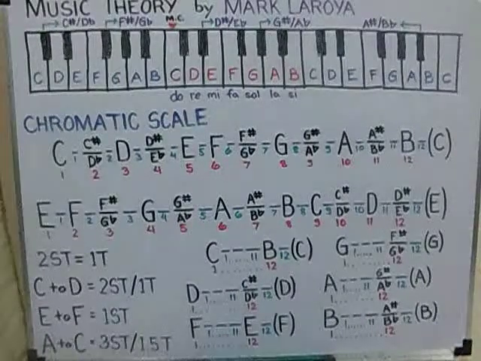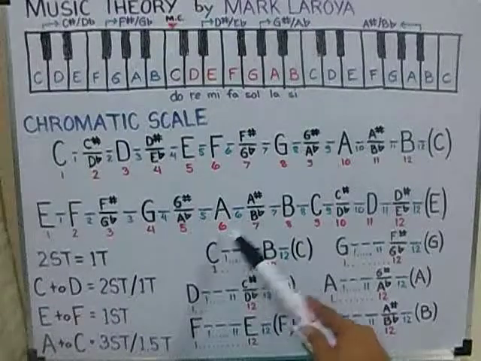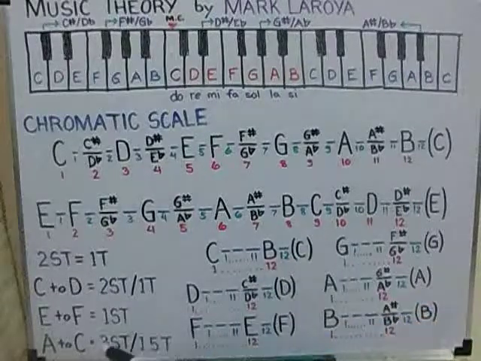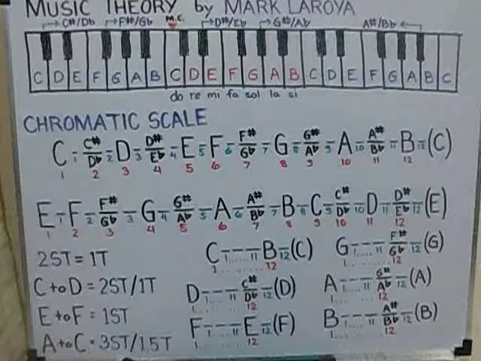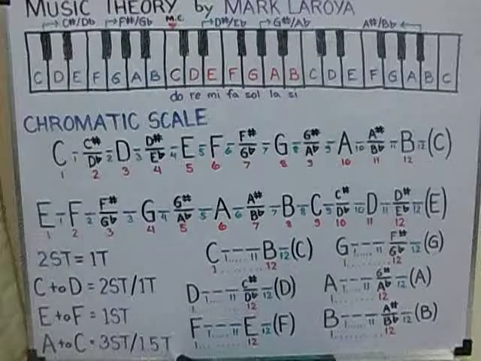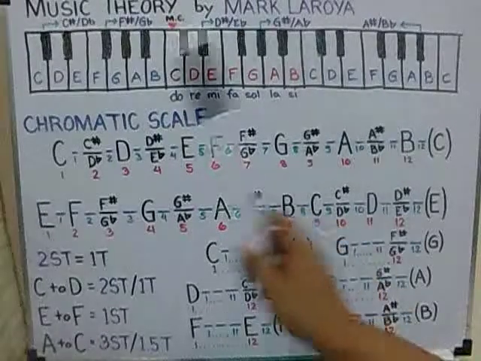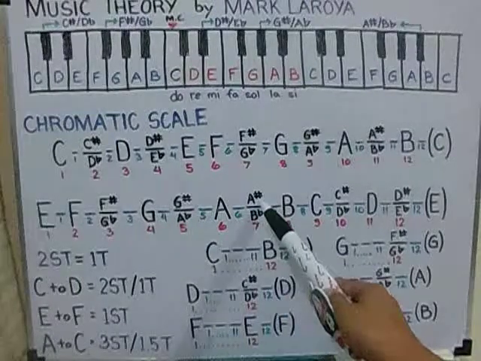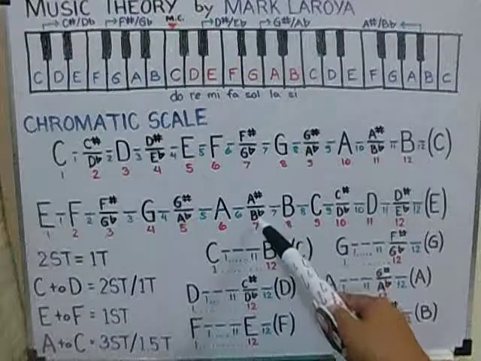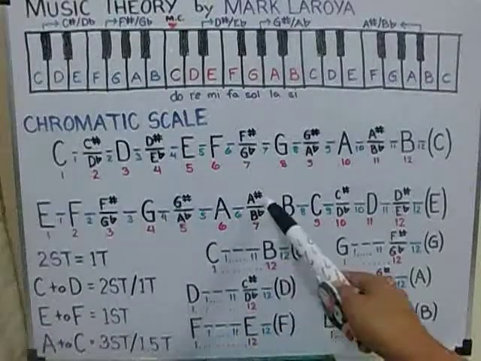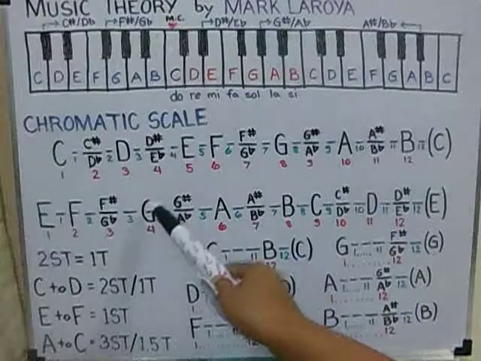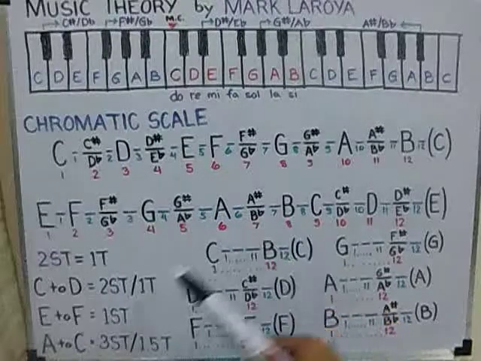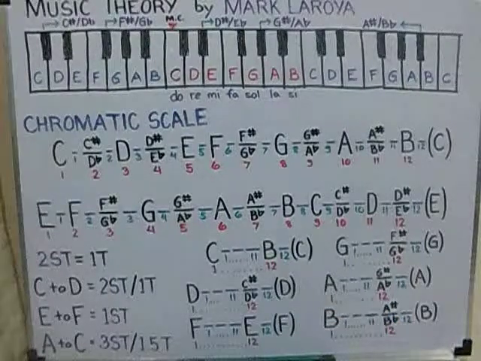Now from A to C, so 1, 2, 3, 3 semitones from A to C, or 1.5 tones. Again, another example, what if we have G to A sharp or B flat? So G to A sharp or B flat, you have 1, 2, 3, 3 semitones or 1.5 tones.